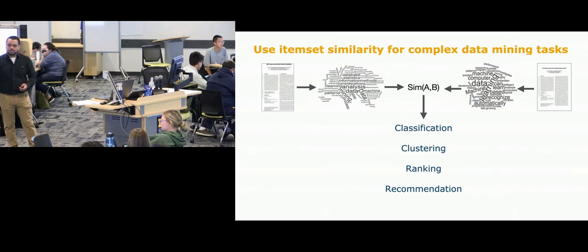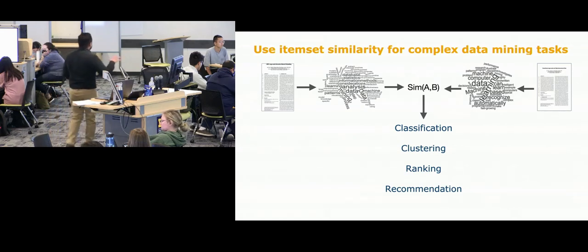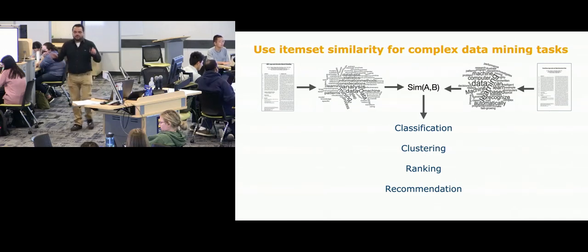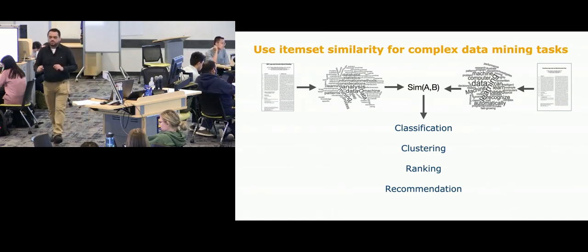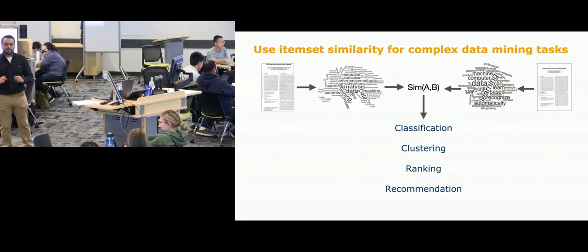Okay, and just as we saw for pattern-based data mining, we could use similarity-based item set mining also for complex data mining tasks. Say we have 2 papers. We compute the similarity between them, and we could use even Jaccard similarity, or we could use cosine similarity or other similarity measures, and then we could use that for clustering, classification, ranking, and recommendation.